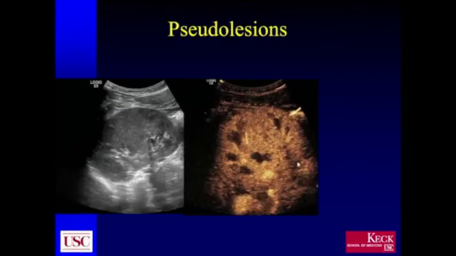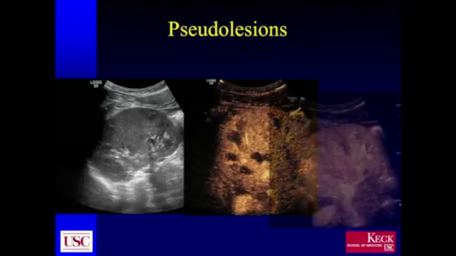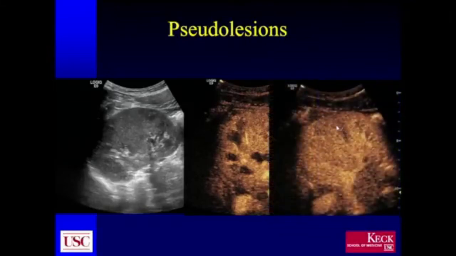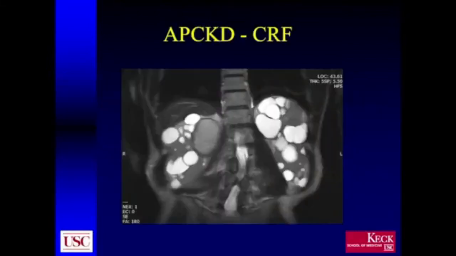So originally we suspected that this probably does represent a column of Bertin or one of these so-called pseudolesions, and clinching the diagnosis is this image, which actually shows a pyramid within. So you want to look for similar enhancement, you want to look for similar time of arrival, and you can make the diagnosis cleanly by observing the presence of a pyramid in the central portion of these suspected pseudolesions.